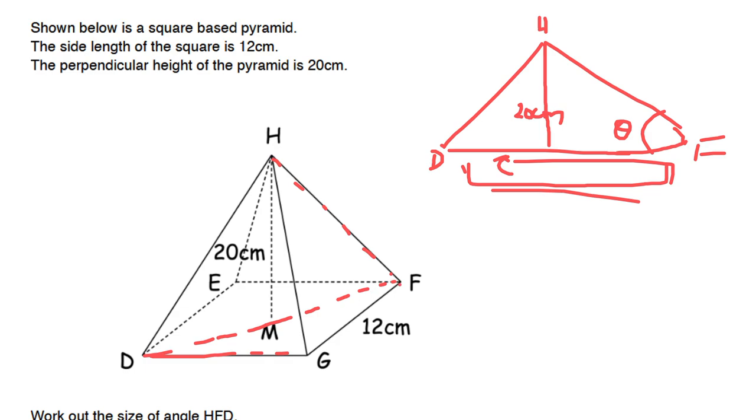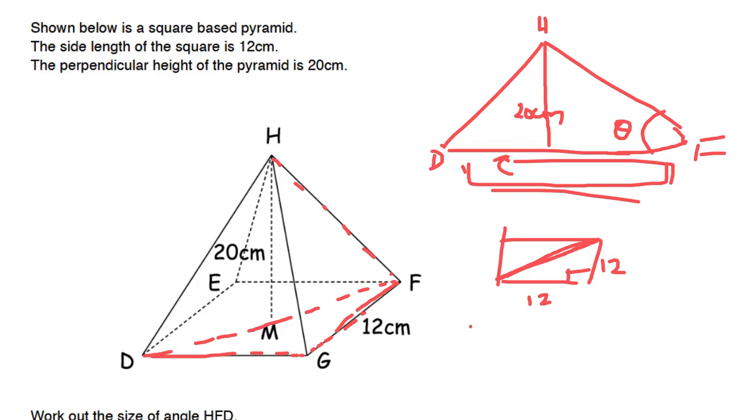The point with many of these questions is that you must use realistic application-based thinking. We know that this is a square base, so let me draw this out. This is 12, and this is 12. We have to find this slanted line that goes directly across the middle of the base.